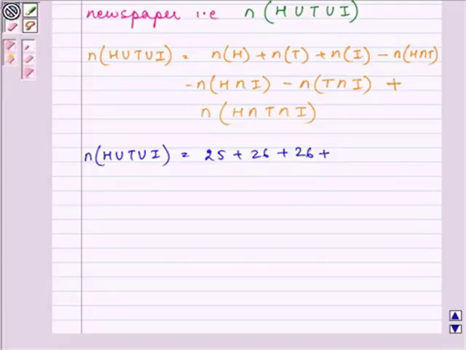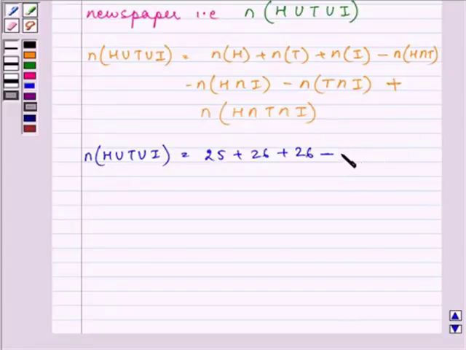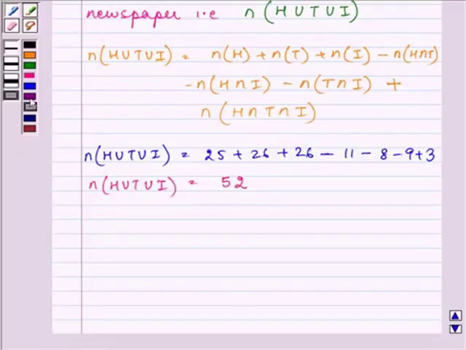Then we need to subtract, so minus 11, minus 8, minus 9, but plus 3, that is the number of elements that are common to all the 3. So the answer comes out to be 52. So 52 is the answer of the first part, that is the number of people who read at least one of the 3 newspapers. So this completes the first part.